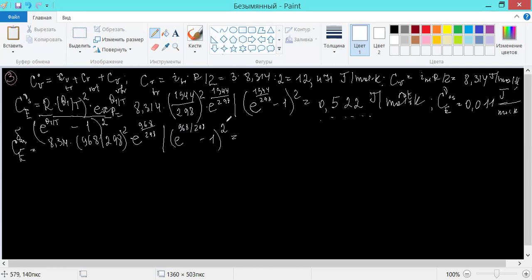And it's as much as 3.678 joules per mole Kelvin. In other words, we can write that C V vibrational is equal to C E 1 to 3.